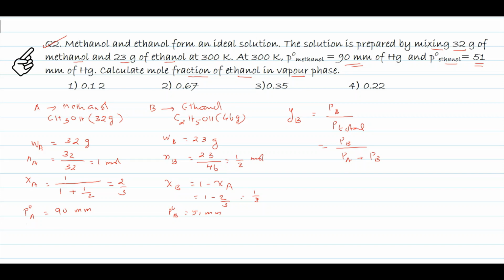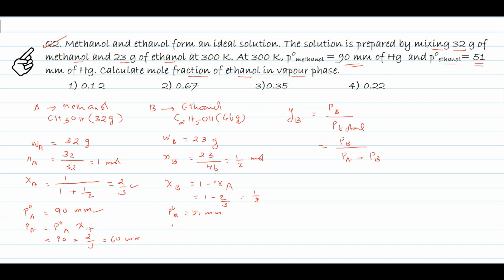Next you can calculate PA by applying Raoult's law. PA equal to P0A times Xa. P0A is 90 mm, 90 into Xa, 2 by 3, equal to 60 mm. So the partial pressure of methanol is 60 mm.